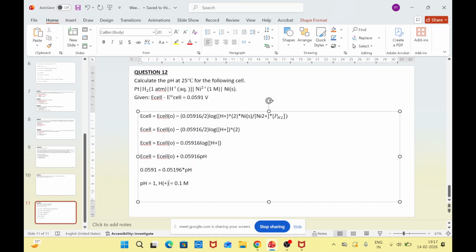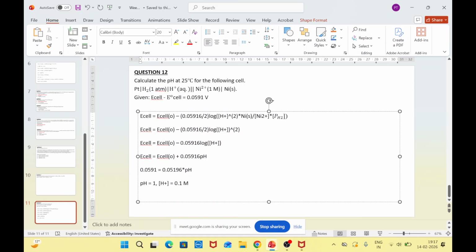Log 10 [H+] is equal to minus 1. So [H+] will be 10 to the power minus 1, that is 0.1 molar. This is the concentration of the H+ ion. If it is asked in the form of pH, then pH is 1.